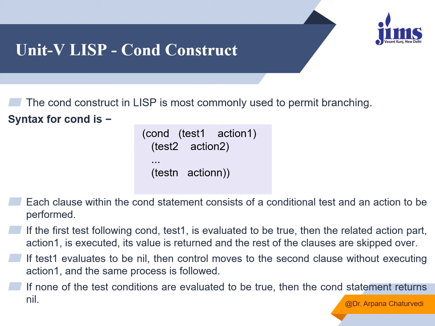If test 2 is true, it will execute action 2 and the rest will get skipped. Otherwise it keeps on moving to the next one, as we do in if, that if this condition is true then do this, otherwise if again this condition is true then do this. So it keeps on checking, and whichever condition is true, it will take action accordingly. So it is similar to nested if.